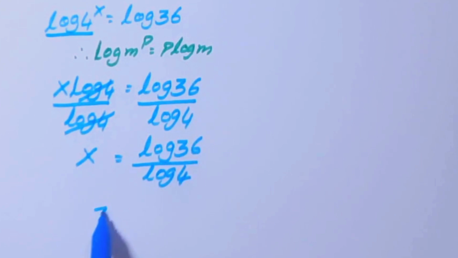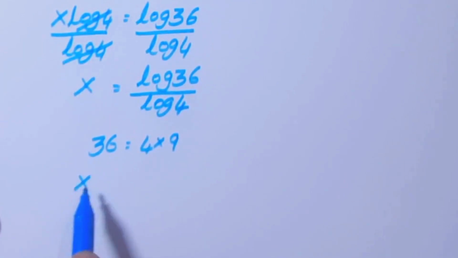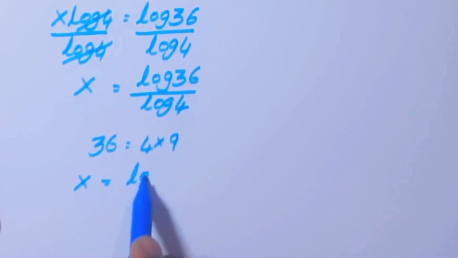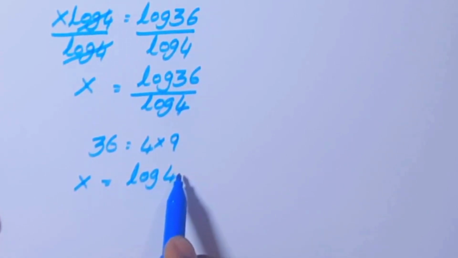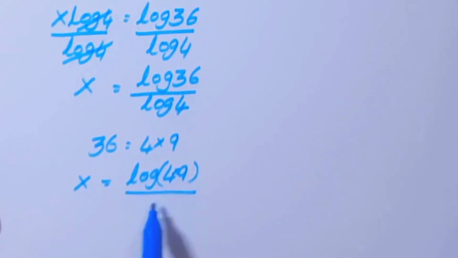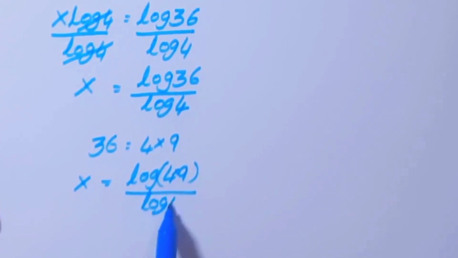Now 36 can be written as 4 times of 9. So x equal to log 4 times of 9 by log 4.